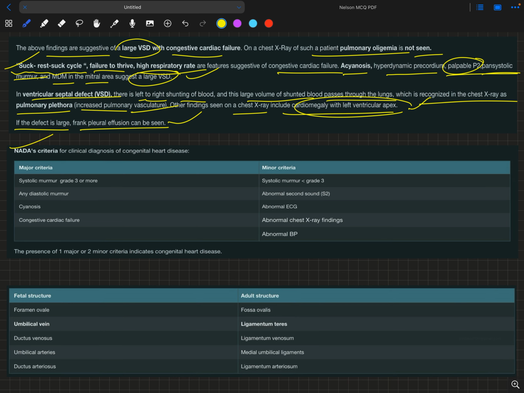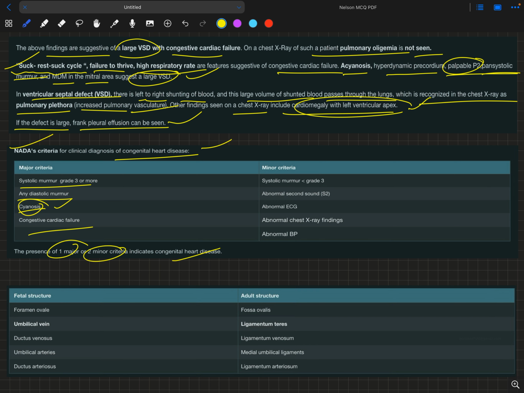What is Nadas criteria? It is used to diagnose congenital heart disease. One major or two minor criteria are required to diagnose a congenital heart disease. The major criteria are any systolic murmur of grade 3 or more, any diastolic murmur, cyanosis, and heart failure. Cyanosis is that which does not improve even after giving 100% oxygen, so that is the hyperoxia test.